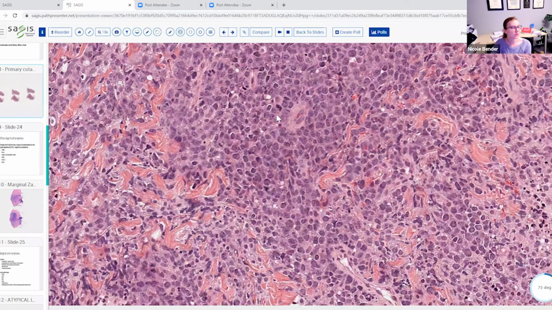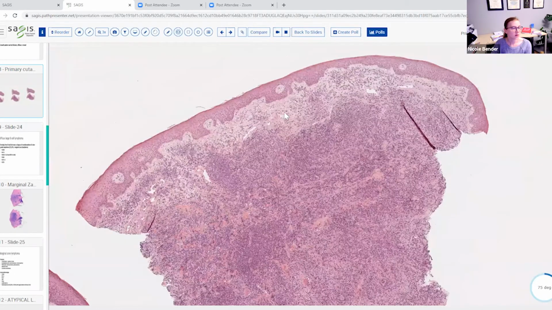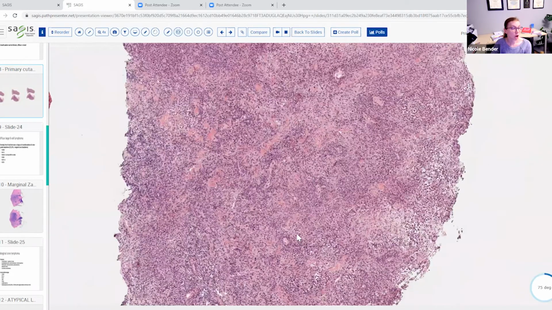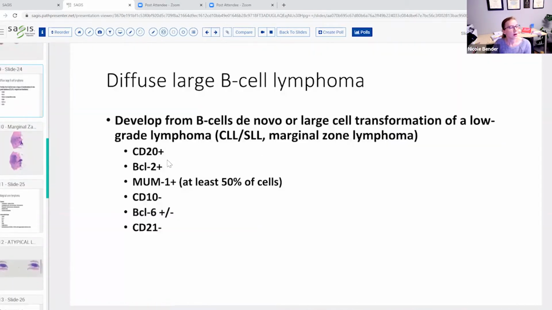So this is diffuse large B-cell lymphoma. Sheets of cells spanning the dermis that are large, and then the immunophenotype tells you. Diffuse large B-cell lymphoma can develop de novo, or can be large cell transformation of another low-grade lymphoma.